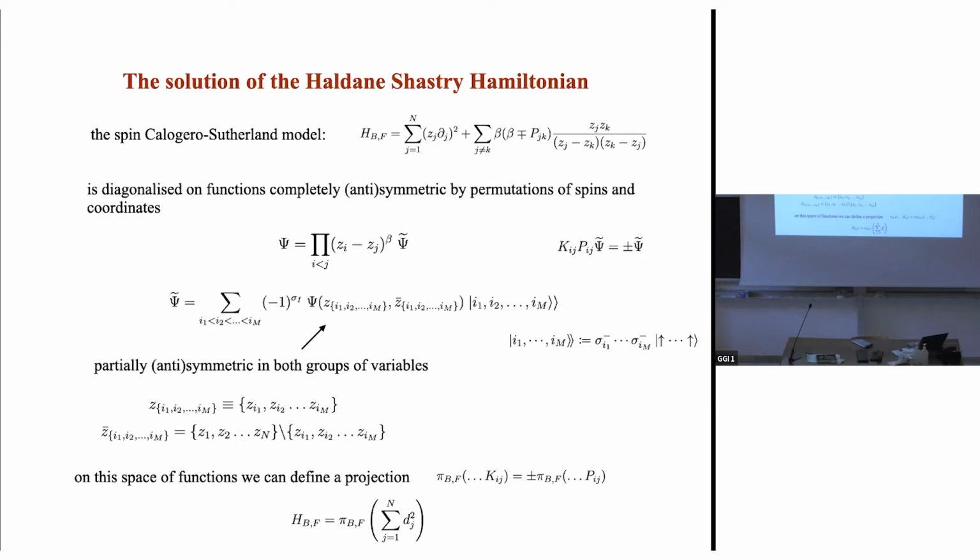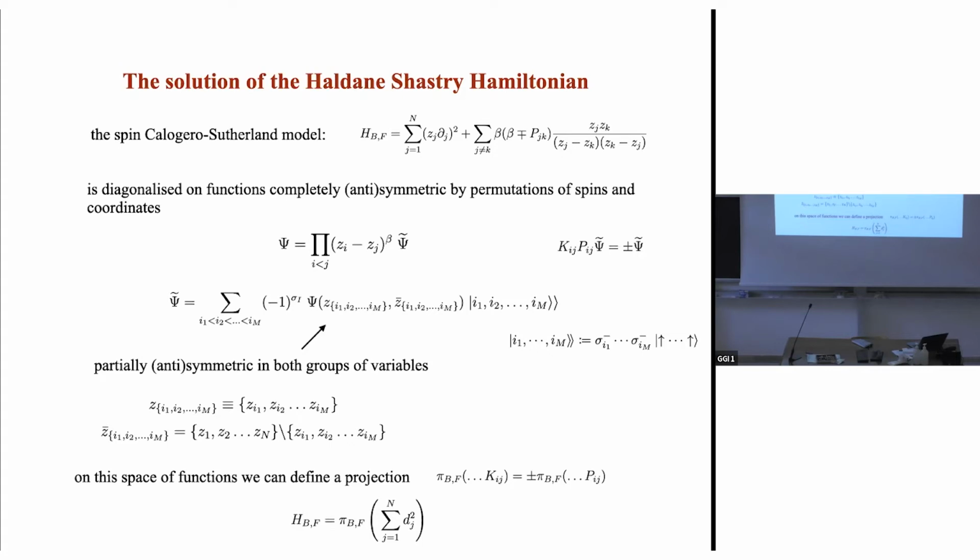The plus sign I call B, bosonic, and the function with the minus sign I call F, fermionic. So psi tilde, this space of functions, in fact, is a type of functions with prescribed symmetry.